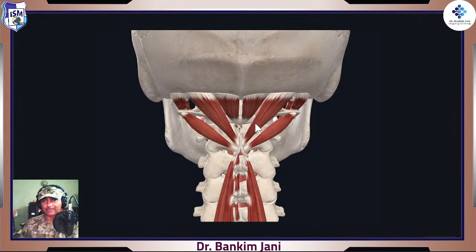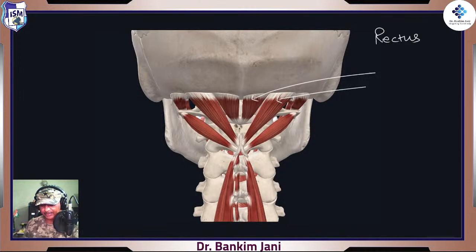Then we'll go back to that image again. So over here, these two muscles are straight muscles, so we will call them rectus, because they are straight, and they are going towards the skull.